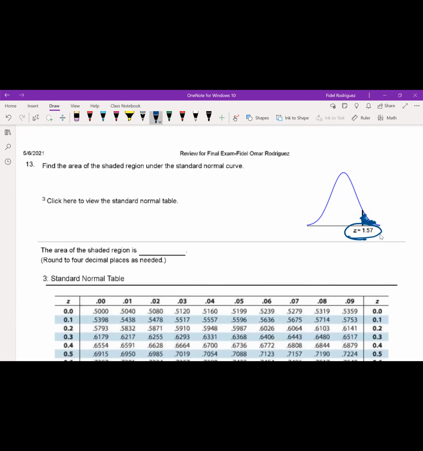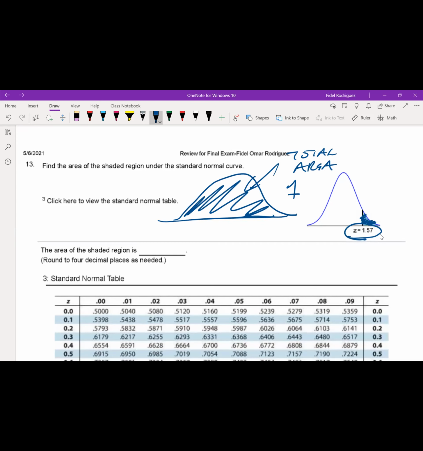So guys, in general, when we have our normal curve that looks like this, remember, the total area is always equal to 1, okay? So we're trying to find this little piece right here.